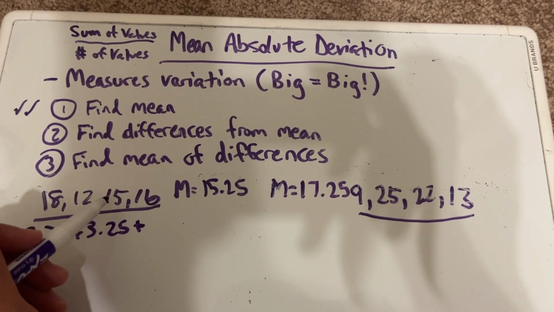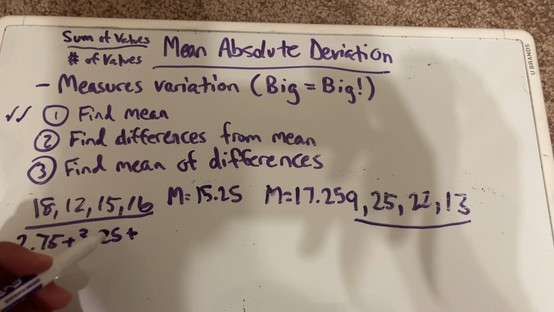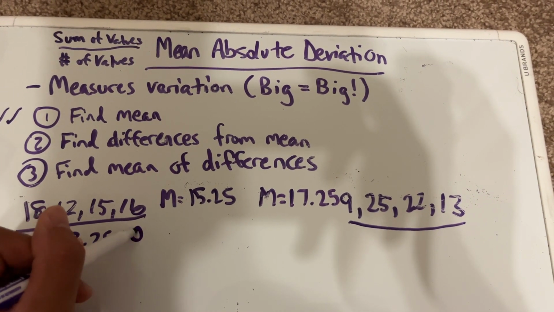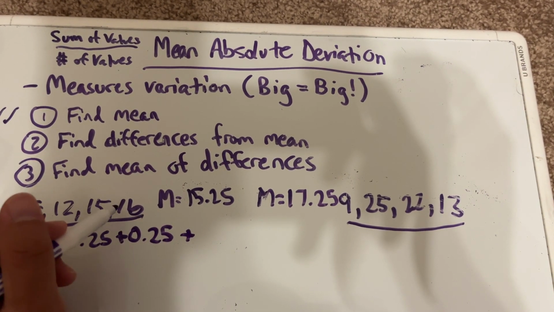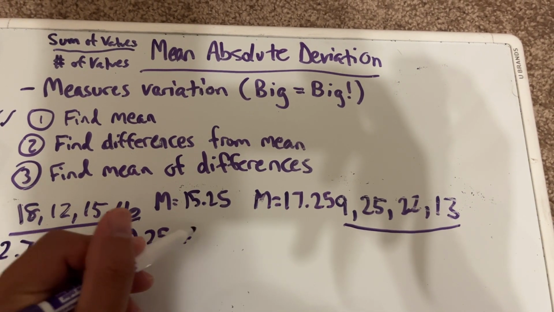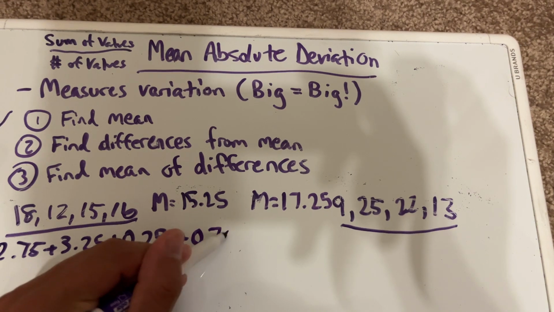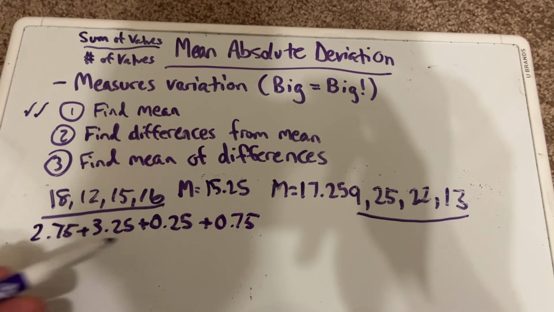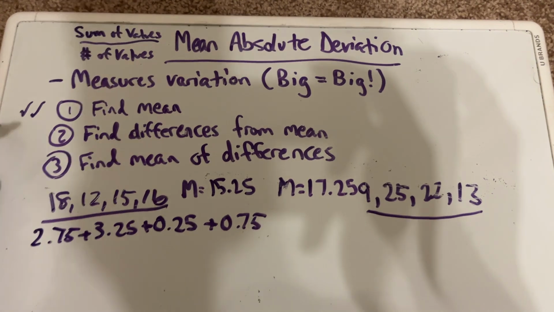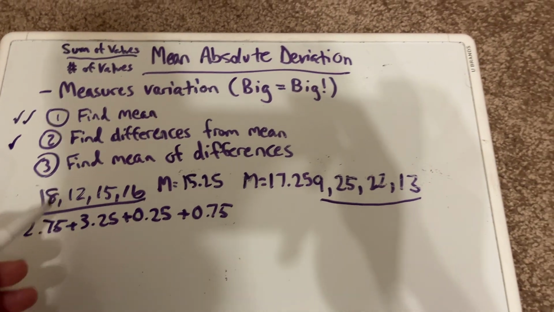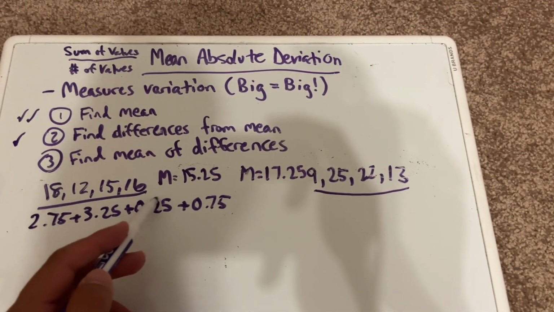The distance from 15 and 15.25 is 0.25. And the difference between 16 and 15.25 is 0.75. That's how far they are away from the mean. These are the differences from the mean for this first set.